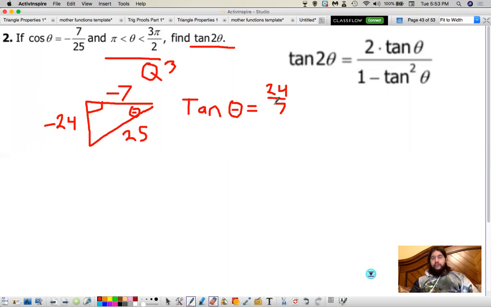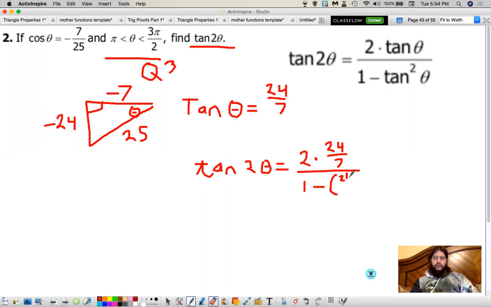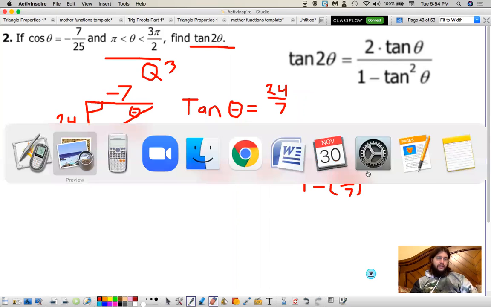So now I just plug in the numbers. Tangent of 2 theta is equal to 2 times 24 over 7, over 1 minus 24 over 7 squared. Just type that in the calculator.